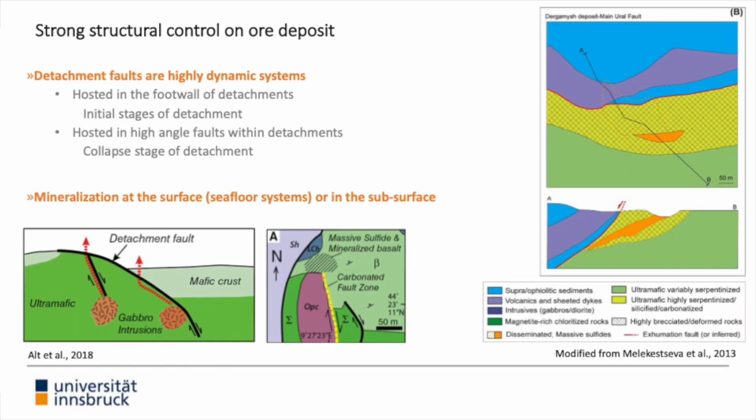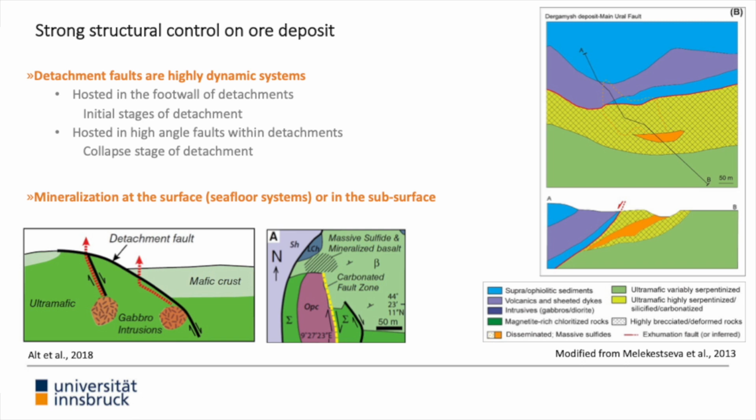Also the structural control. So the deposits are often very closely related to the detachments or to high-angle faults that form within the detachments. You can see on the top right corner the Dorganish deposit in the Main Ural Fault, where you have ultramafic rocks in green and highly serpentinized rocks in pale green, and the sulfide mineralization is within this highly deformed and serpentinized rock, which is just at the contact, the red line, which is the detachment.